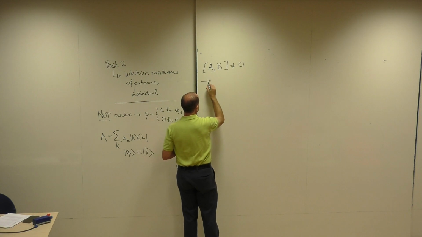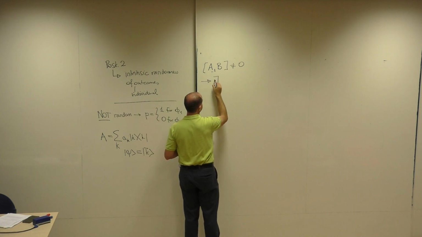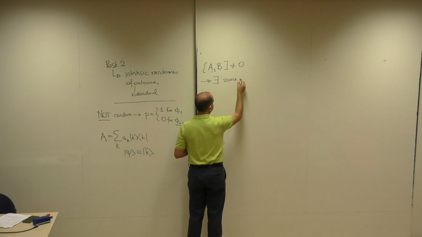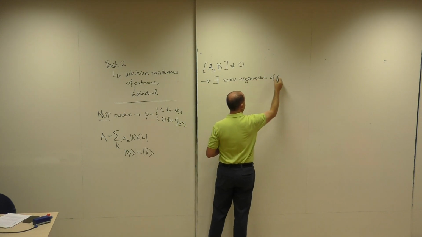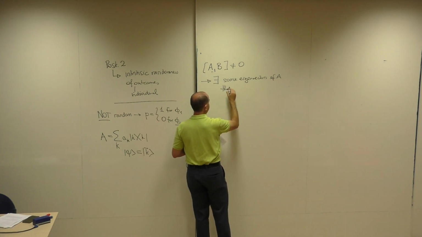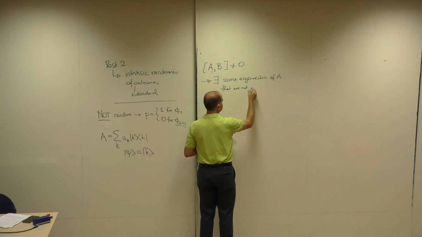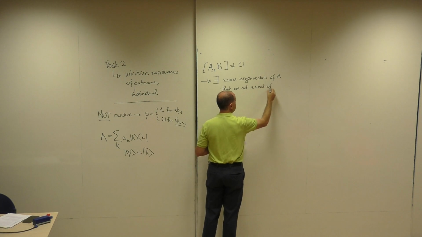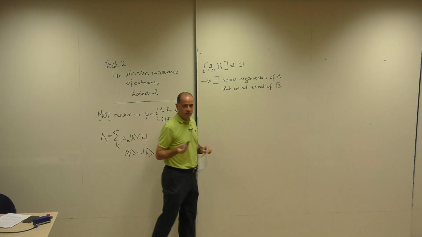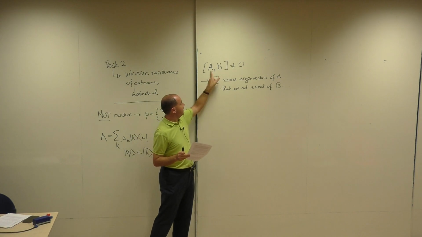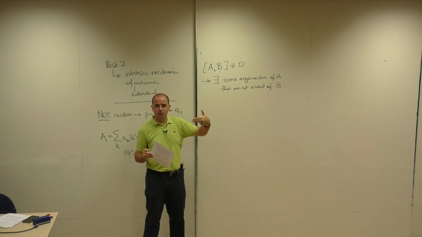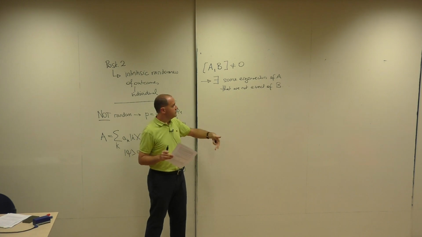Then there exist some eigenvectors of A that are not eigenvectors of B. Remember, this is the fundamental theorem: A and B have a common set of eigenvectors if and only if they commute.